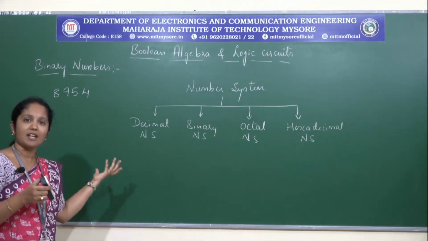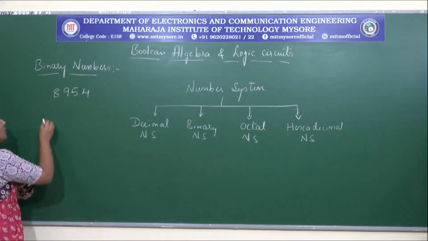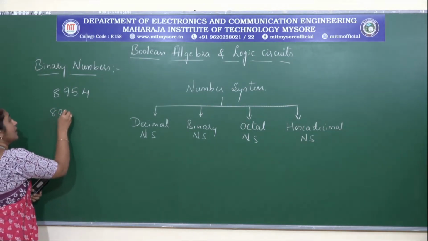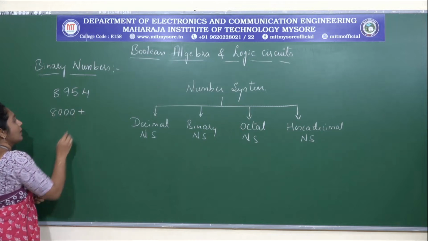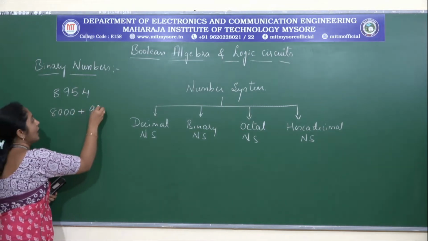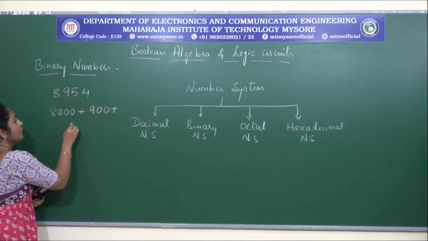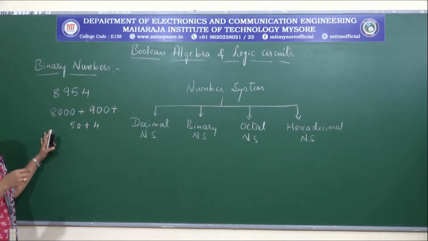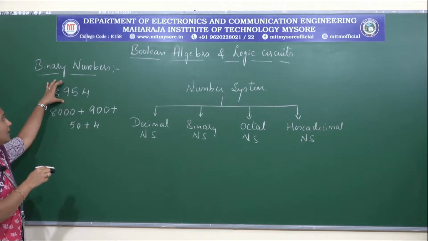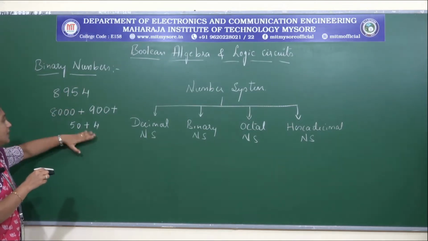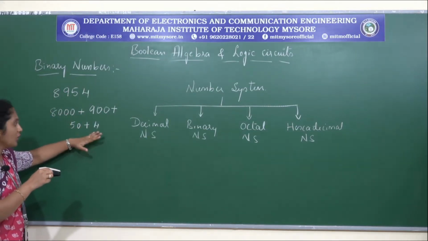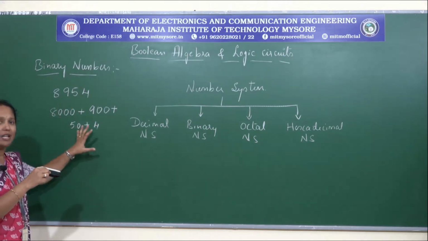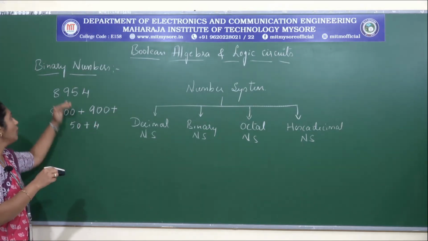If you write the expanded form of this number, how do we write it? We write this in expanded form as 8954. This is how the expanded form of this compact number is represented. But usually we never represent any number in expanded form, we usually go for compact form.